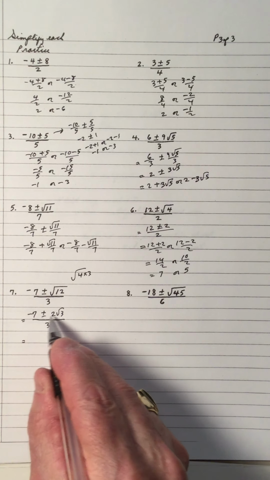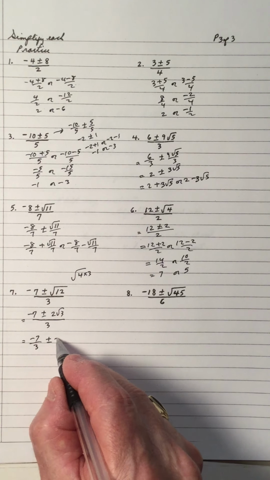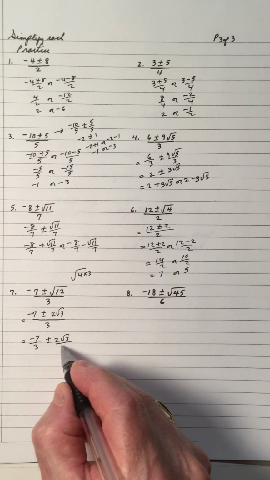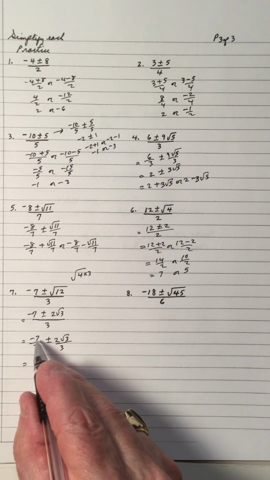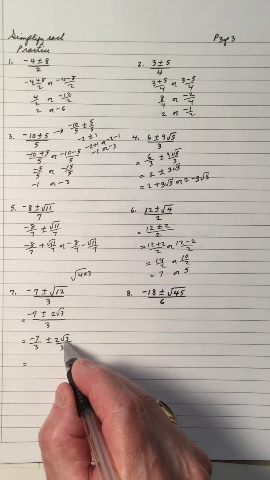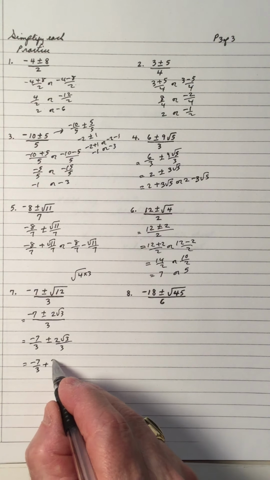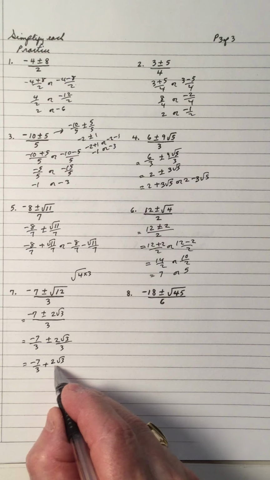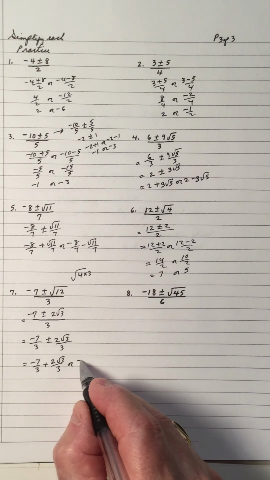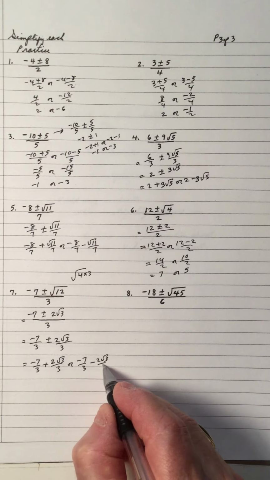Can we add and subtract these? No. So we go negative 7 over 3 plus or minus 2 root 3 over 3. And can we simplify these fractions? No. We cannot divide root 3 by 3. So this is negative 7 over 3 plus 2 root 3 over 3, or negative 7 over 3 minus 2 root 3 over 3.